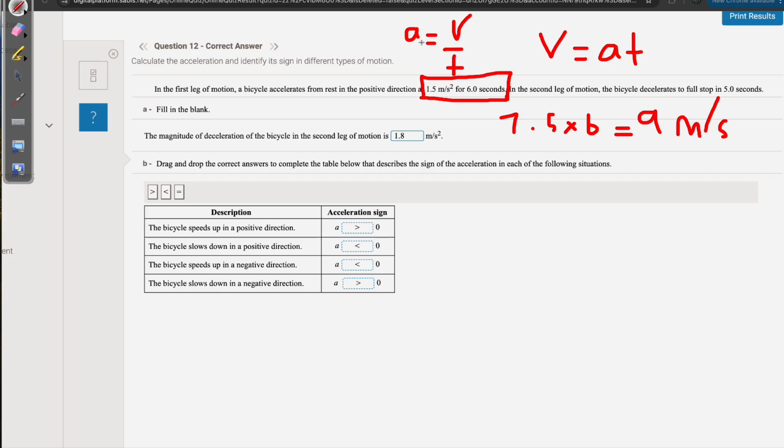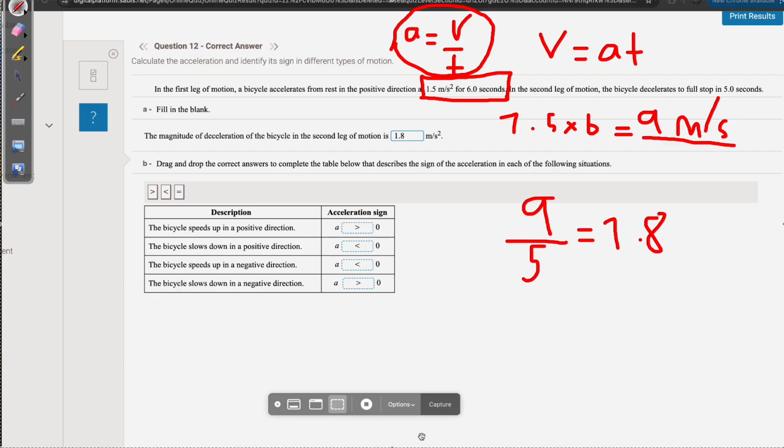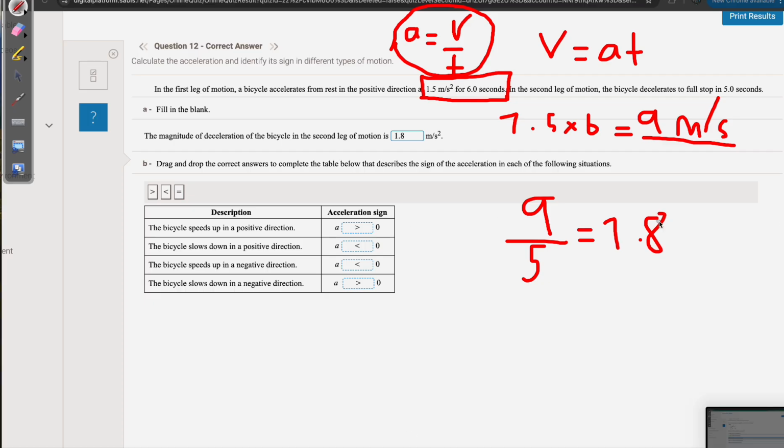Then we need to find the acceleration again for the second leg, because once the first leg is done, we're at 9 meters per second, which is the same velocity as at the start of the second leg. So it's 9 over 5, which is 1.8 meters per second squared, which is what we have here.